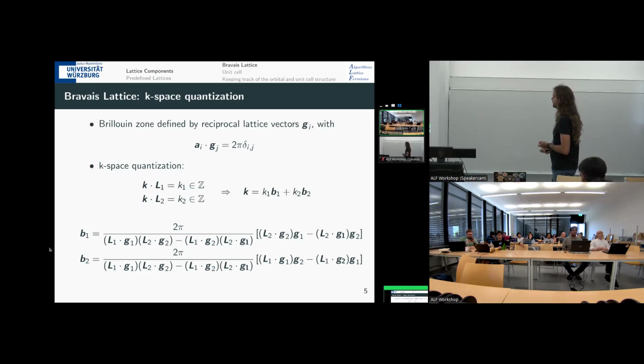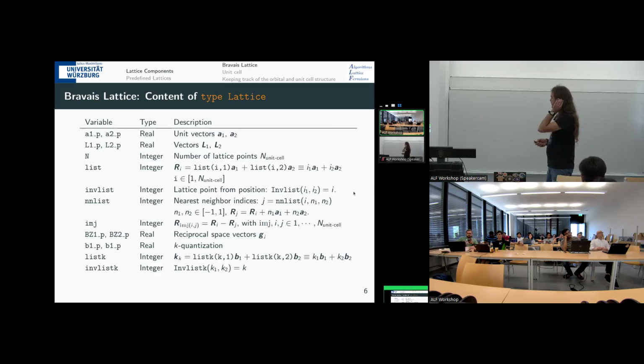From this, you can define the primitive vectors of k-space, B1 and B2. And this is all saved in this type lattice. There are the two unit vectors which span the real space, and the two vectors which define the periodicity and therefore the size of our lattice.